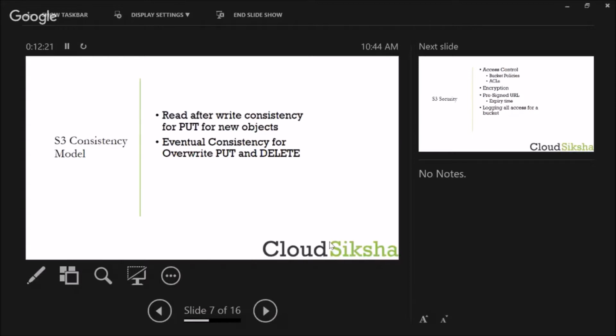So a small window exists where, after delete, if somebody were to get the object, they would still get the object because not all the copies have been deleted. I'm just giving you a very high level view of distributed systems. There is a lot of theory on distributed systems. We'll not go into that, but remember this.